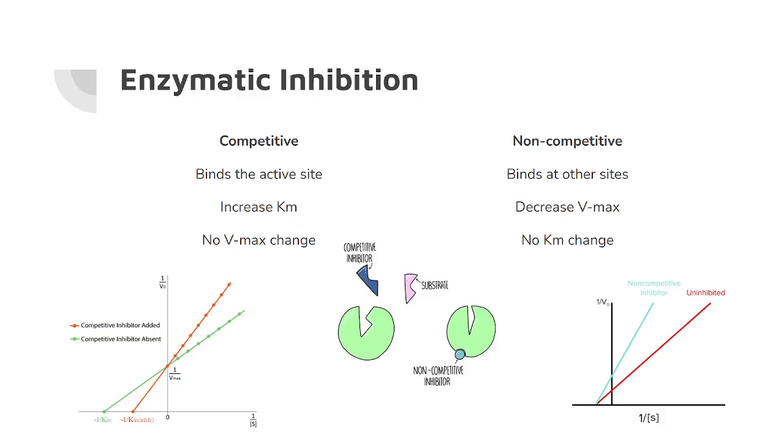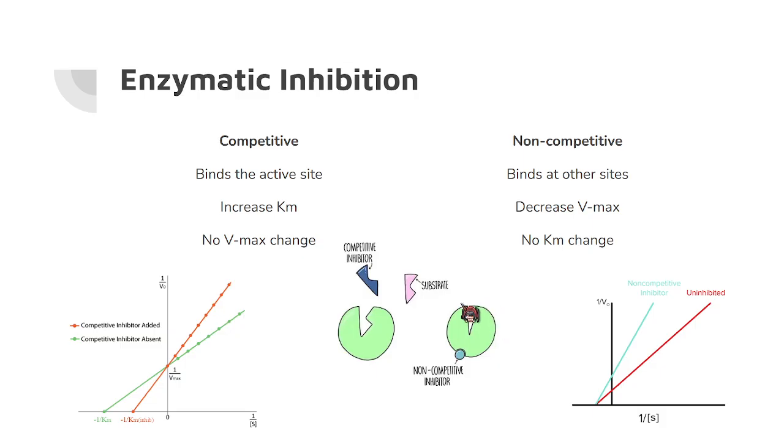Even though we are increasing Km, we are not affecting the enzyme's property itself. So we will see Vmax being unchanged. In contrast, when we're looking at non-competitive inhibitors, these inhibitors will be binding at other sites far away from the active site, as we see here.